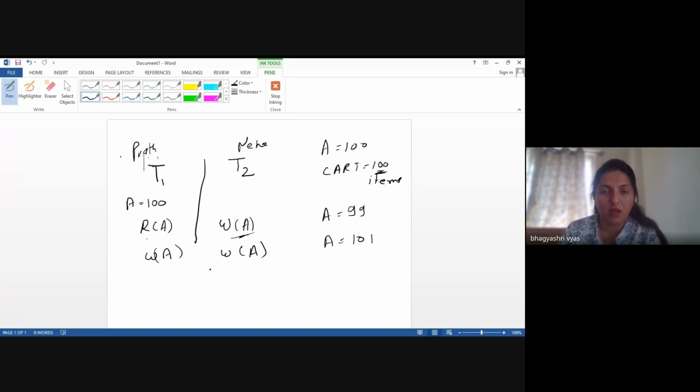Have you understood this T1 transaction and T2 transaction? We are having one pool, and on that pool we are performing the same transaction. You need to visualize it, then only you will say whether it is conflict serializable or view serializable or not.